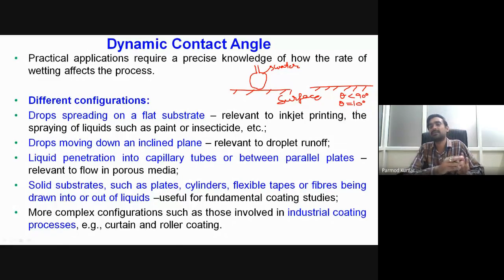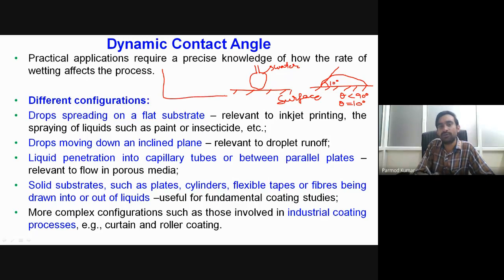So the surface characteristics are such that its equilibrium or static contact angle, when a water droplet is resting over it, is equal to 10 degrees. The final shape of the droplet will be something like this. It will make some angle over here, and this angle will be equal to 10 degrees.